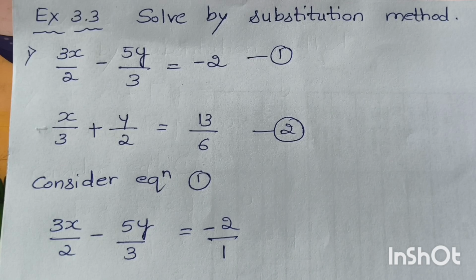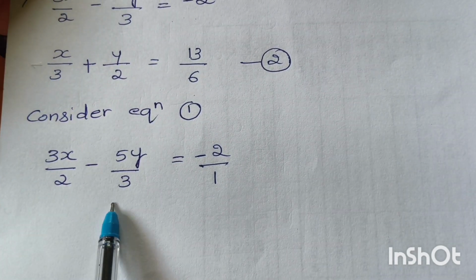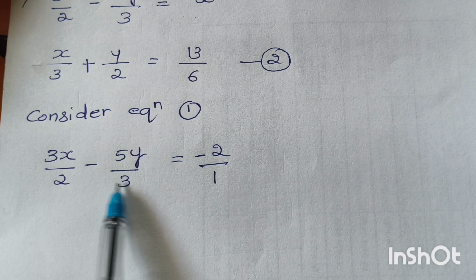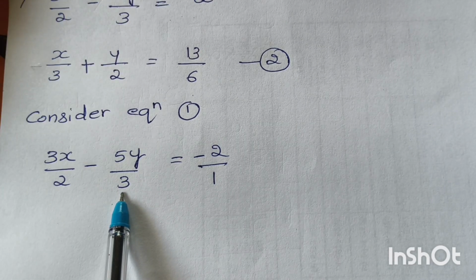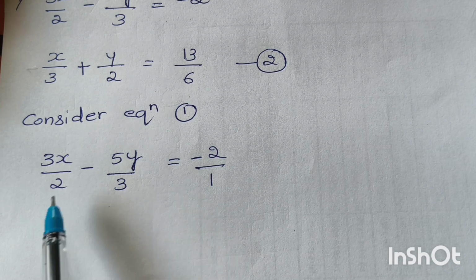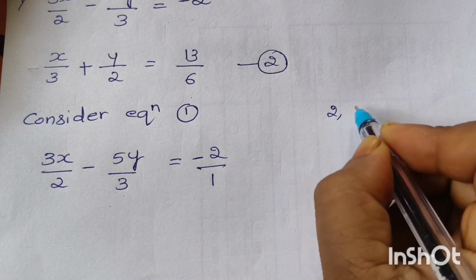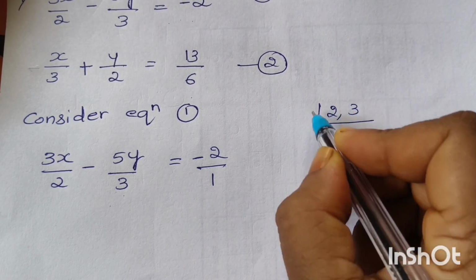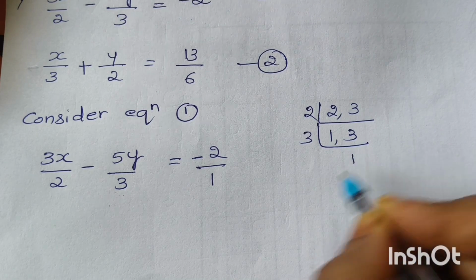Okay. Now look at these two, 3x by 2 minus 5y by 3. The denominators are different here. We cannot subtract. To equalize the denominator, we can take the LCM of 2 and 3, right? So let us take the LCM of 2 and 3, that is 2 ones are 2, 3 ones are 3.